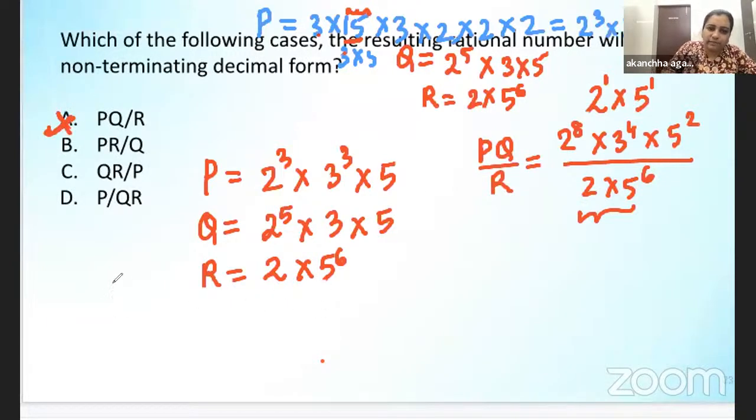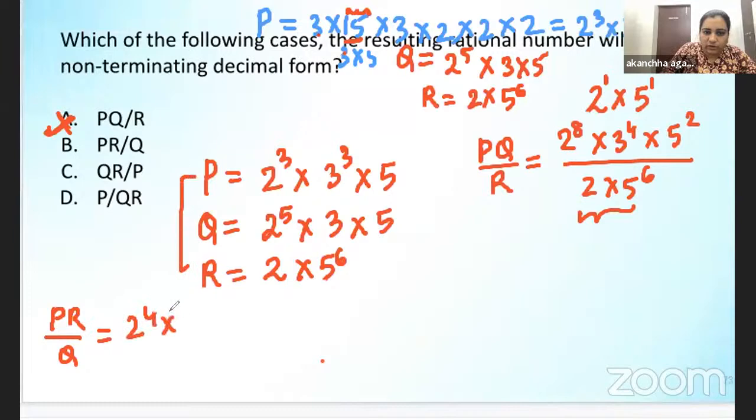Now going for the B one, which is P times R upon Q. What is P? It is 2 to the power 3, and P and R we have to multiply: 2 to the power 4 times 3 to the power 3 times 5 to the power 7, right? I am adding the powers of the same bases, upon Q, 2 to the power 5 times 3 times 5.